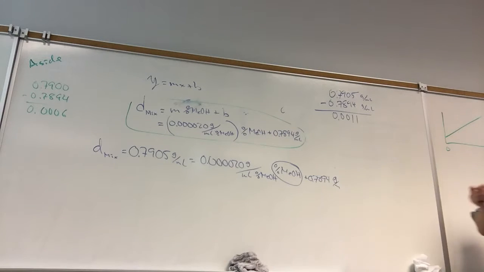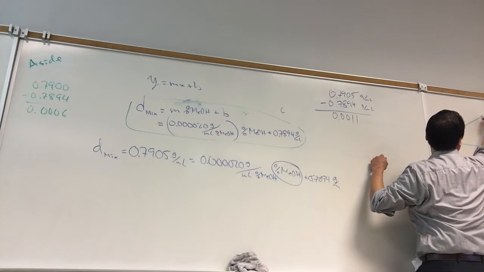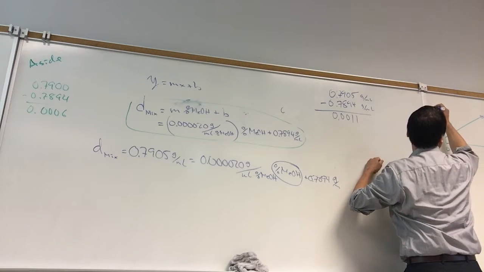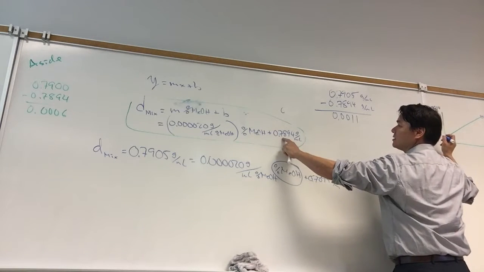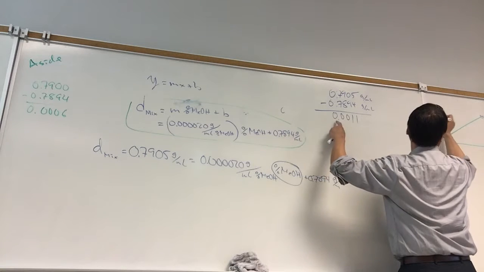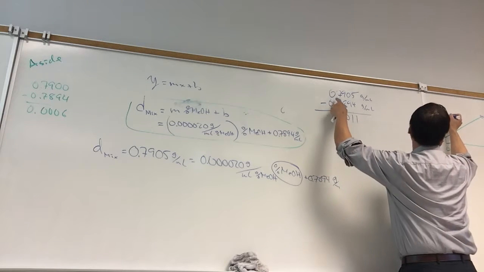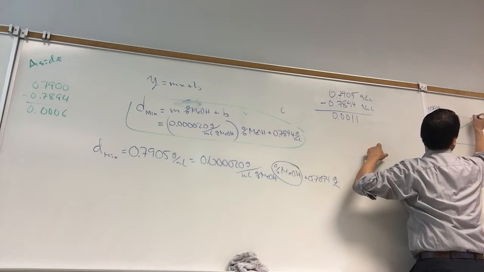And so all we do is we go to 0.7905, and so at the top here, this was 0.7914. At the bottom here, this was 0.7894. And so we just go to 0.7905, and then draw, if you want to graph this.